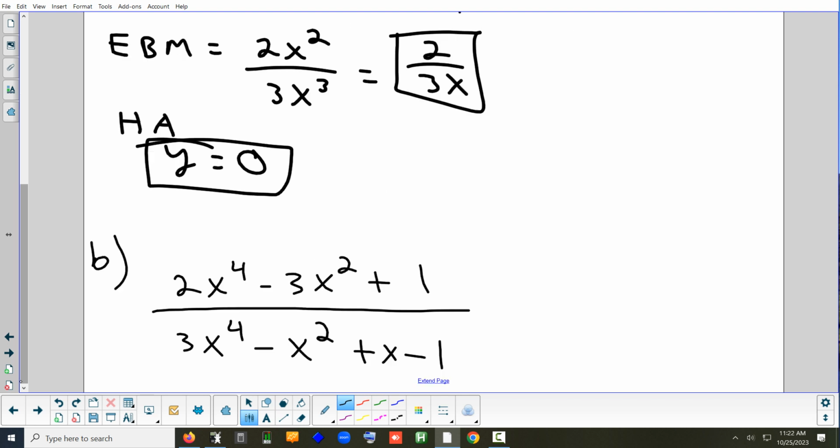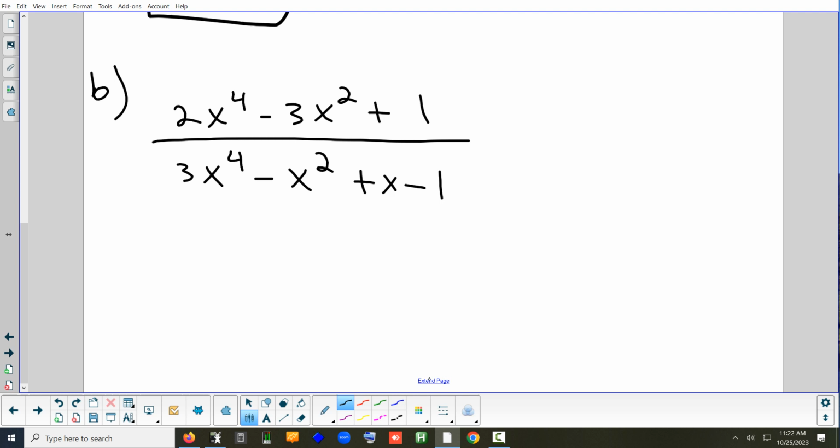Okay, let's try this one. Okay, so end behavior model, highest degree term in the top? Yep, 2x to the 4th. Highest degree term in the bottom? Yep, always check the whole thing just in case they write it out of order. But I did put it in order.